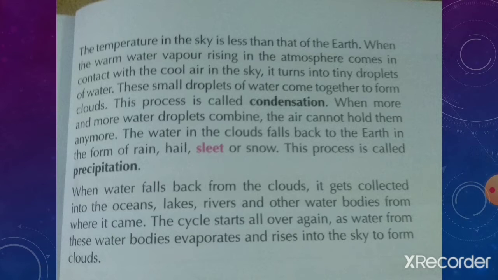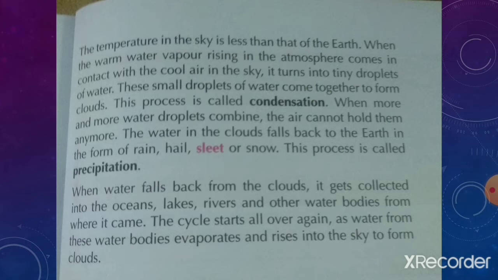Okay, we all know, students, the temperature in the sky is much less than on earth. When the water vapor rising up in the sky or in the atmosphere comes in contact with the cool air in the sky, it turns into tiny droplets of water.